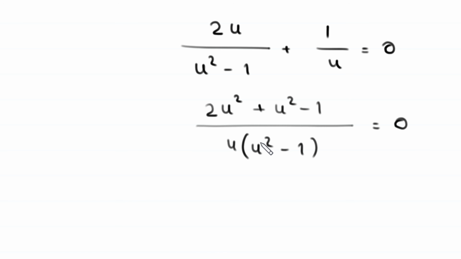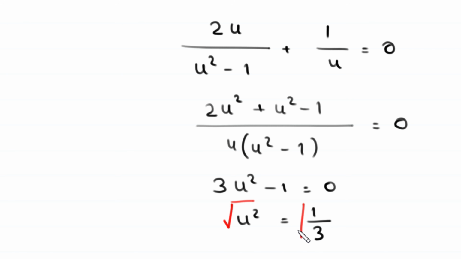Further simplifying, this becomes 3 times (u² - 1) equal to 0, hmm, which gives u² equal to 1/3. Taking the square root of both sides, u is equal to plus or minus 1 over root 3.